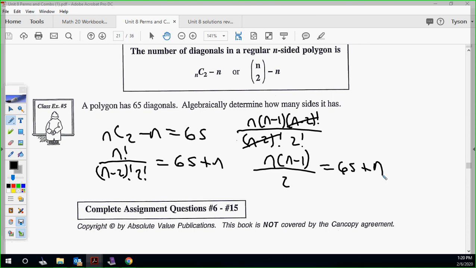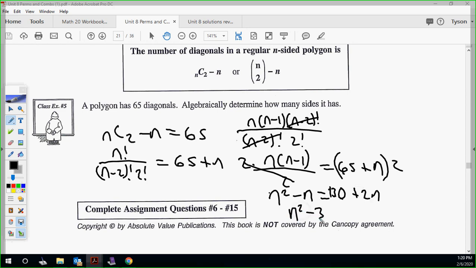What do I do next, Lizzie? Yep. Multiply the 2 on both sides. And remember, to everything, because I have 2 things over there. So now we're at n squared minus n equals 130 plus 2n.